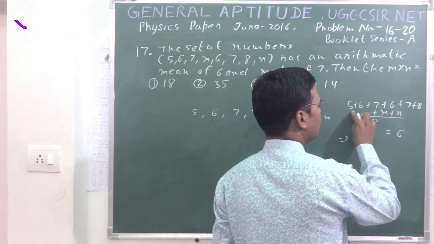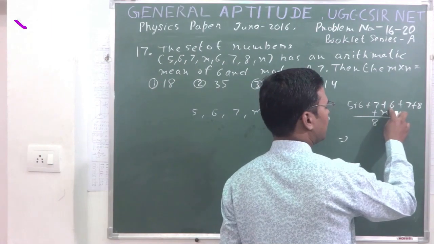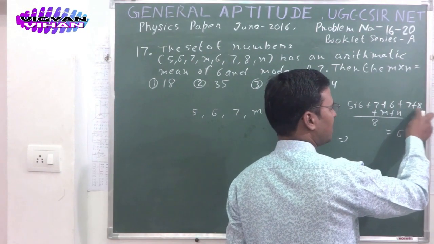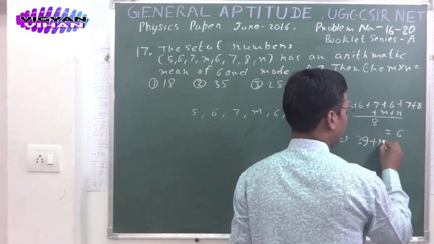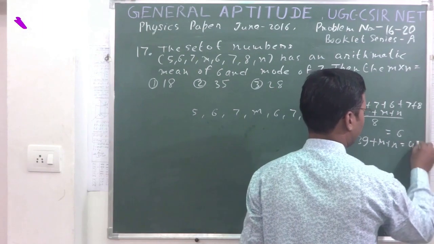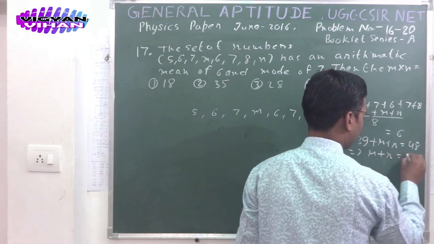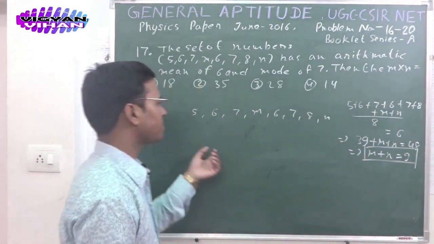The sum 11 plus 13, that is 24, plus 7, that is 31, plus 8, that is 39, plus m plus n is equal to 48. So m plus n is equal to 9. This is the first equation we have.